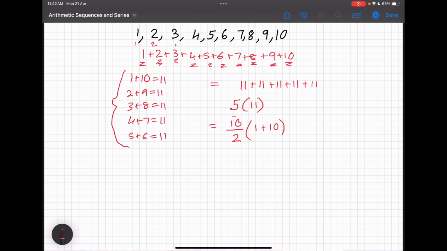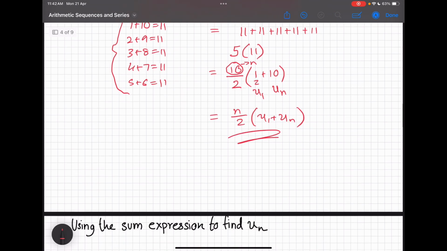So that's the n here. 1 is the first term of the sequence, u1. 10 is the last term of the sequence, un. So we still get the same formula, n by 2 times (u1 plus un). That's why this sum formula works.